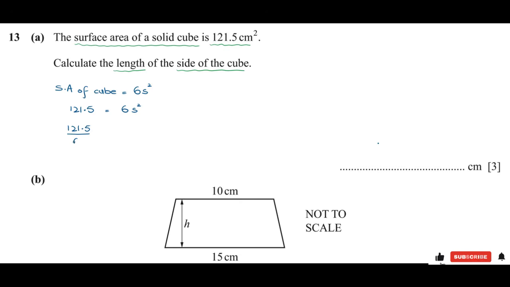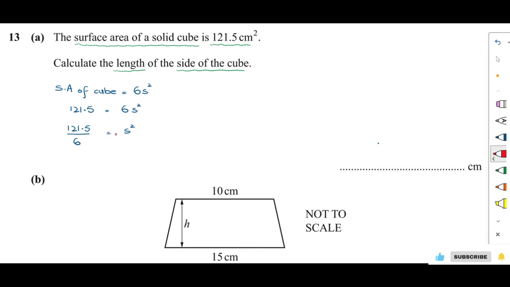121.5 divided by 6 is side squared. In order to solve for the side, we have to take a square root on both sides, right? When we do the square root, the square and the square root cancel out, and this would be the length of each side of the cube.